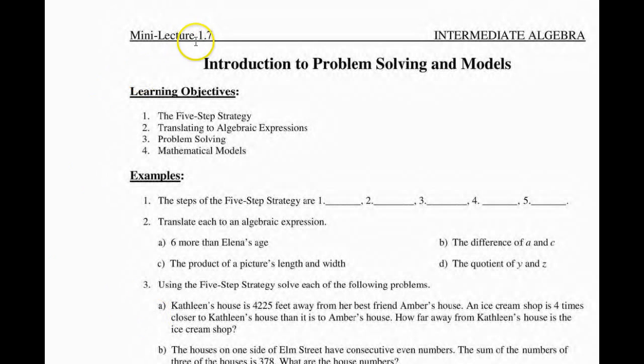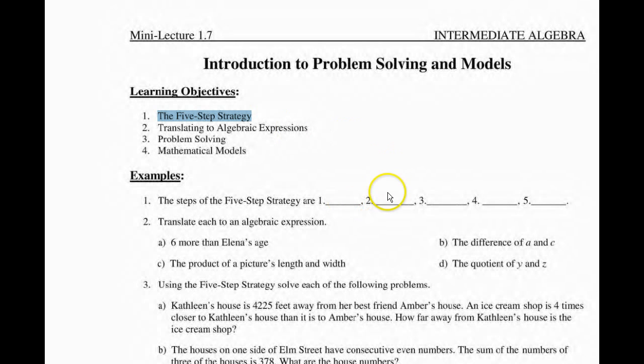As we go on to topic 7 of chapter 1, we're going into problem solving and models, a little bit of an introduction. And again, the textbook has lots of stuff on this, and they speak of a 5-step strategy.